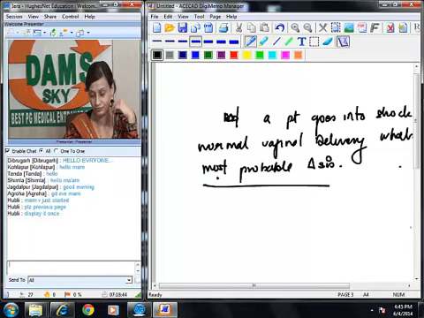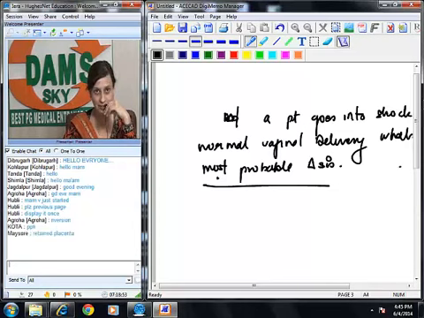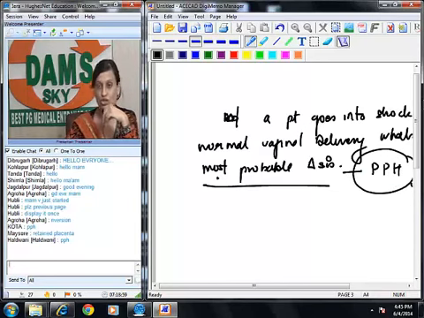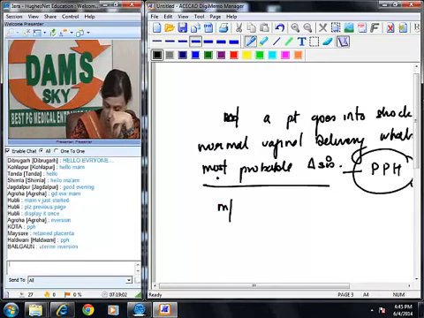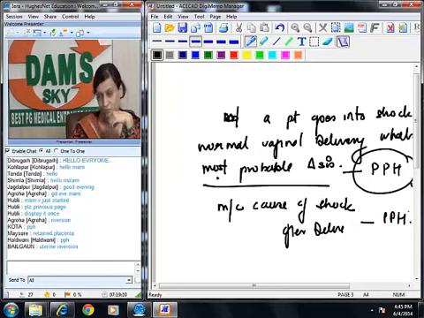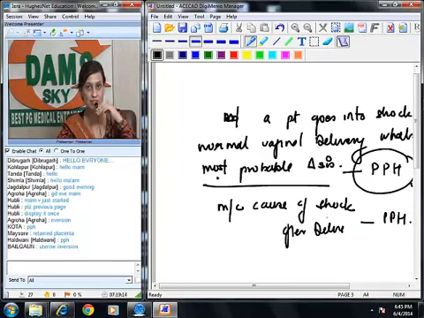Anybody? Anybody wants to write an answer? Inversion, no. Yes, so Kota is right. The answer is going to be postpartum hemorrhage. The most common cause of shock after delivery is PPH.